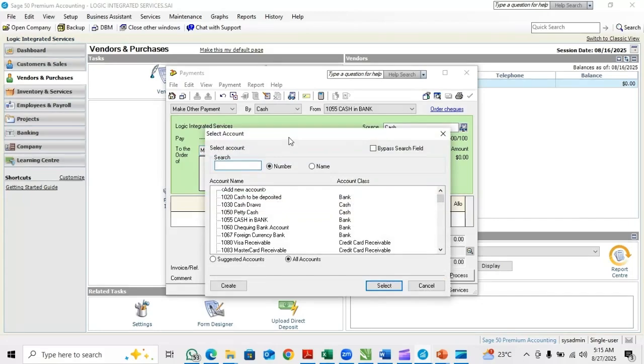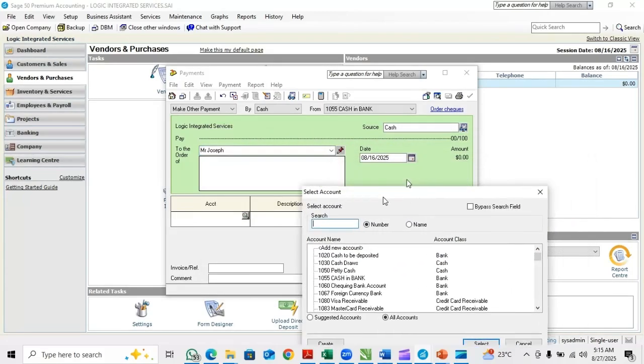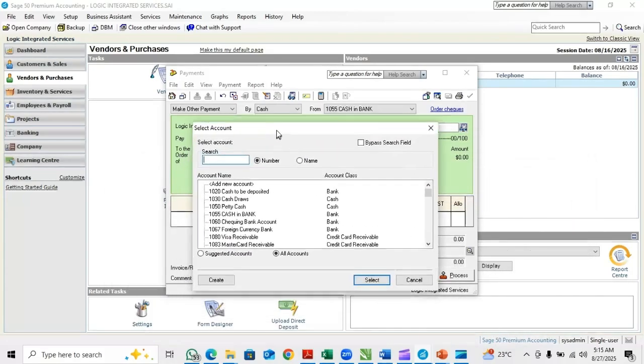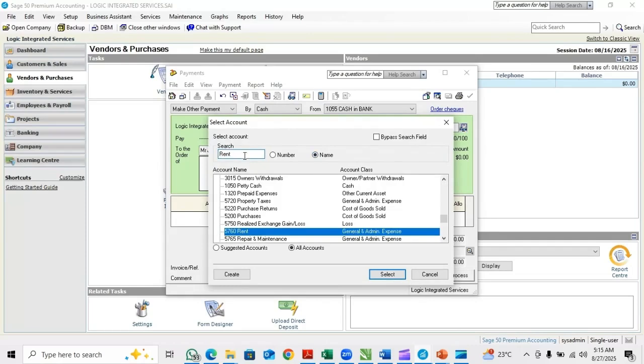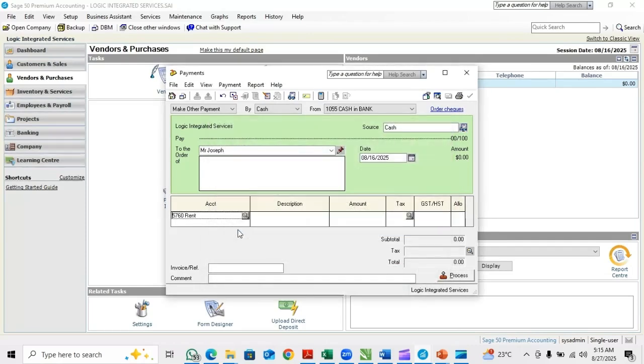And what is the account number for prepaid rent? We can say rent, we can search. So rent is this 5760. We can say it's prepaid rent, and the amount is 15,000 naira.